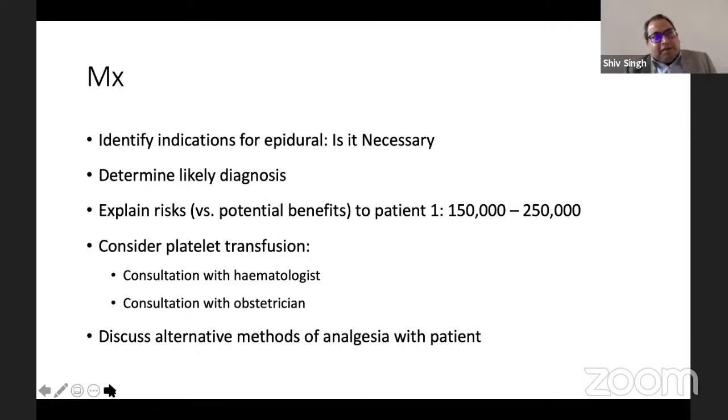But that does not mean we would stop thinking of this, because if patients end up for cesarean section, we would still need some help. So it's important that the hematologists are involved with this case, and they would investigate further, take a peripheral smear, go through the history, and find out the cause for this severe thrombocytopenia.